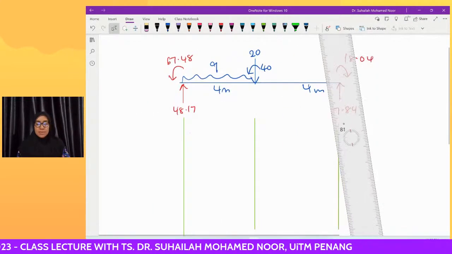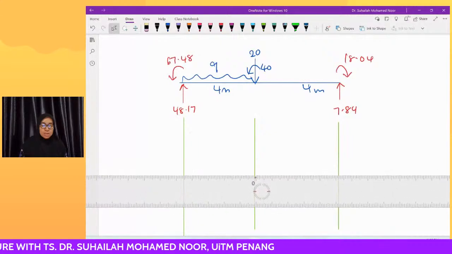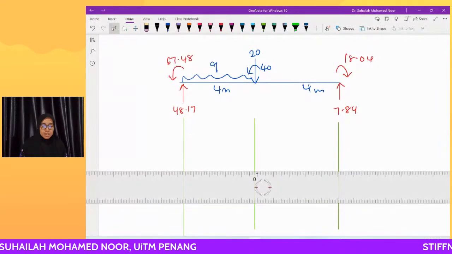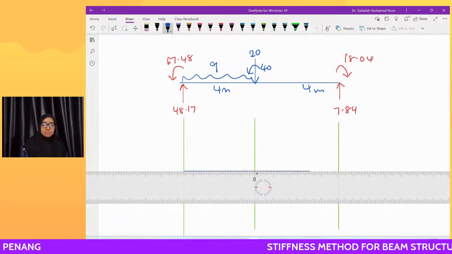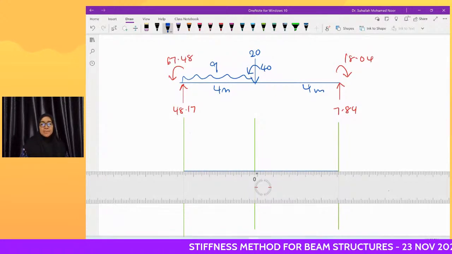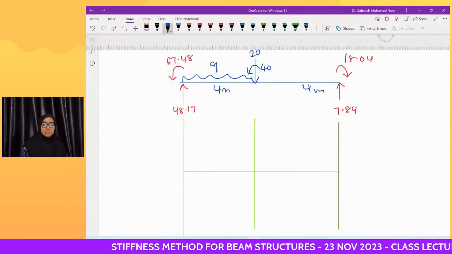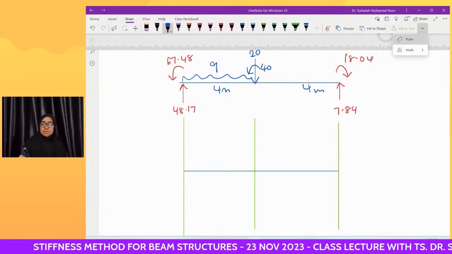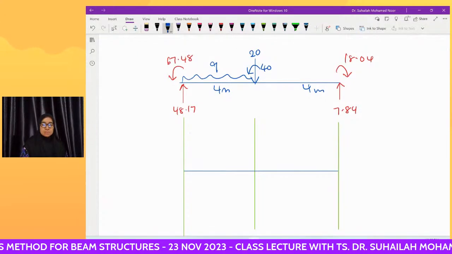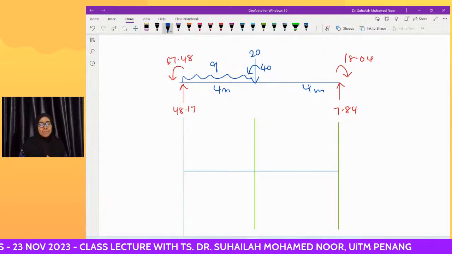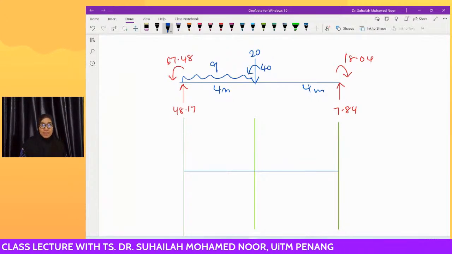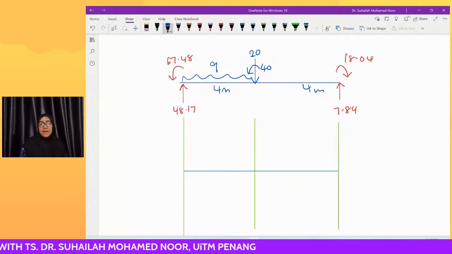For the shear force diagram, we just need to focus on the shear value. It is 48.17.